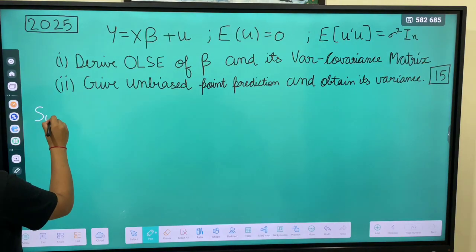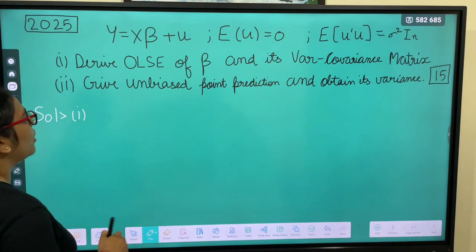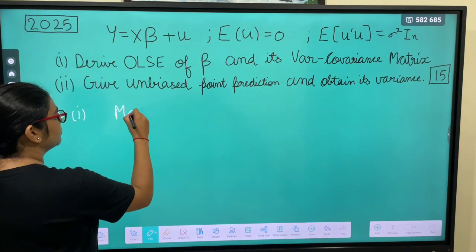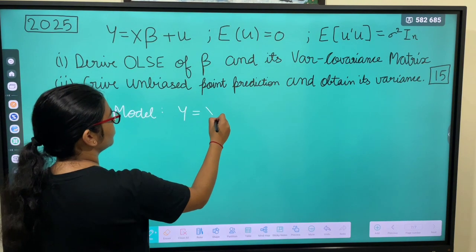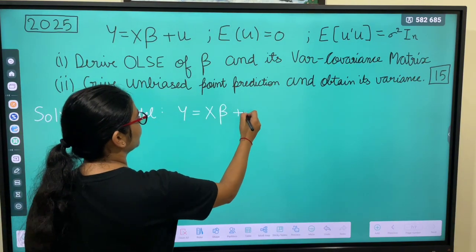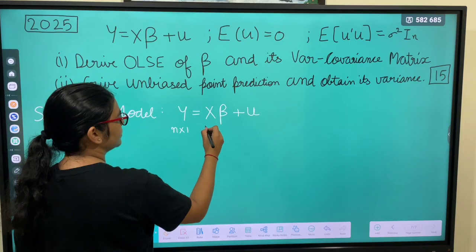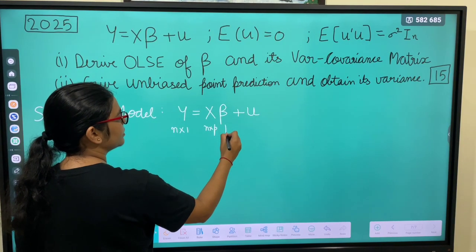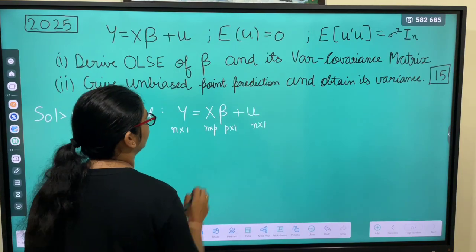First we are solving the first part. Now our model is given as y equals x beta plus u, where y is n cross 1, x is n cross p, beta is p cross 1, and u is n cross 1.